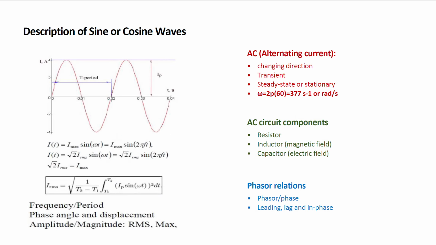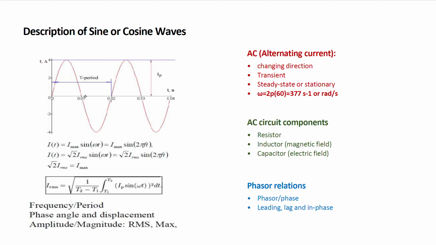Now, before we start to see how we can develop the phasor from sine or cosine, let's see what actually the sinusoidal voltage is. What are the characteristics of this sinusoidal function? In a sinusoidal function, we have an alternation around the zero line.